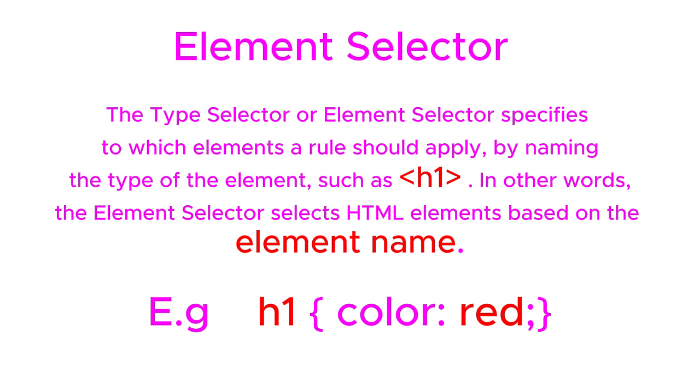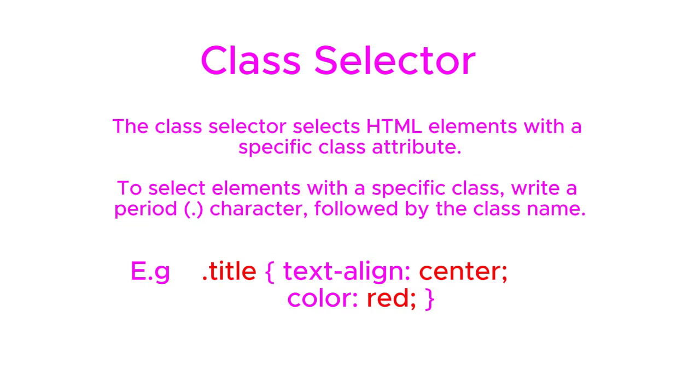Having talked about the CSS element selector, then we have the class. As we have that H1 as the element we want to call on, we can declare or define a class attribute in our HTML file for that H1. The class can be given as title or header or whatever you want to call it.